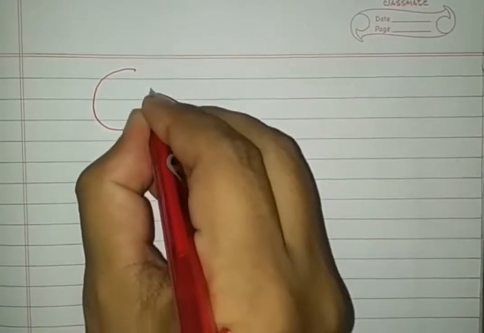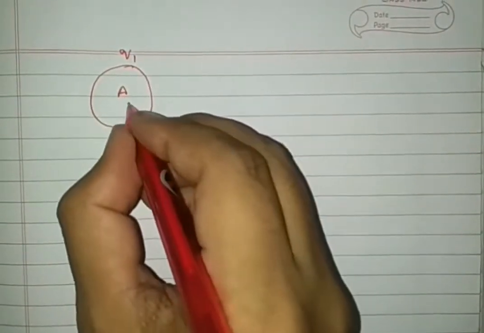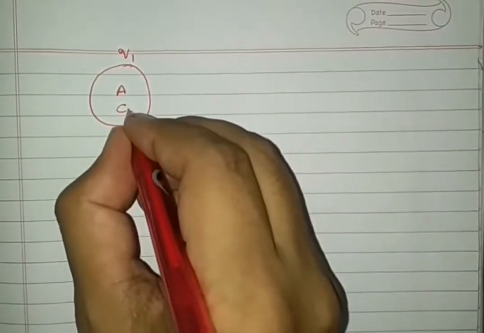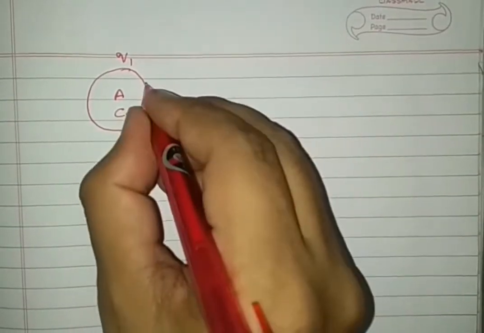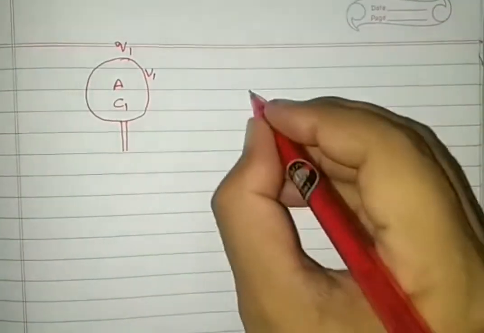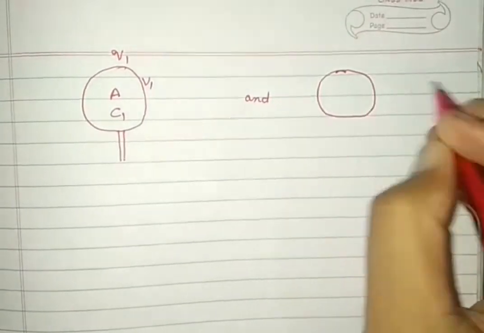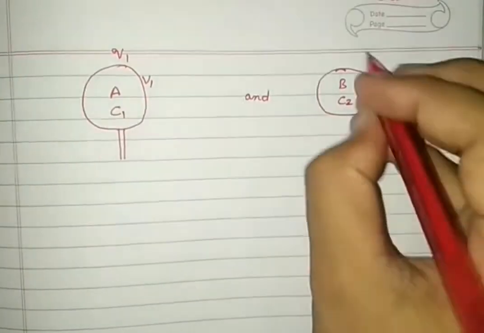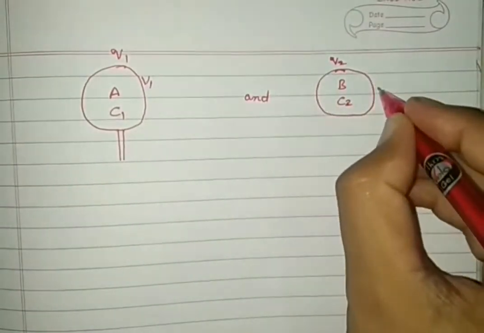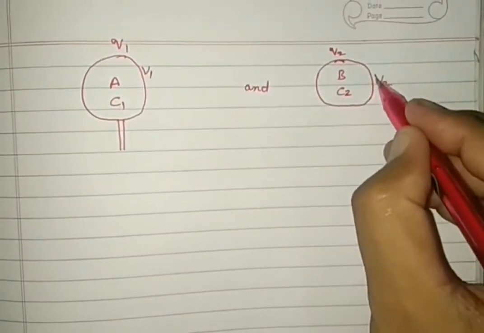See here, capacitor A is provided by charge Q1, having capacitance C1, and the potential on its surface is V1. The second capacitor B has capacitance C2, is provided charge Q2, and its potential due to charge Q2 is V2, right?